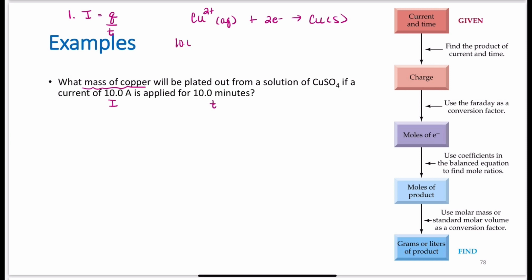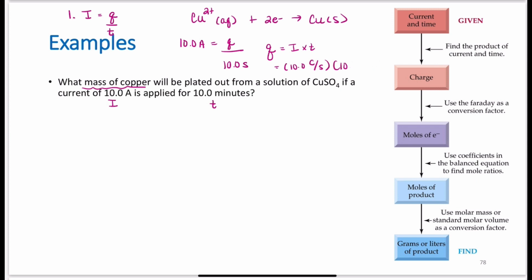I know 10.0 amps is equal to Q over time. So I can quickly find my charge. Q is equal to I times T, 10.0 amps. And it may be helpful at this point to rewrite amps as coulomb per second, times the time.